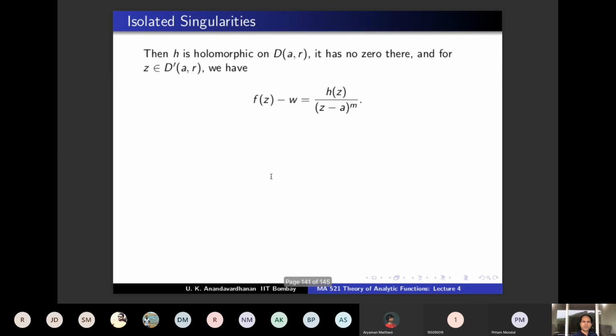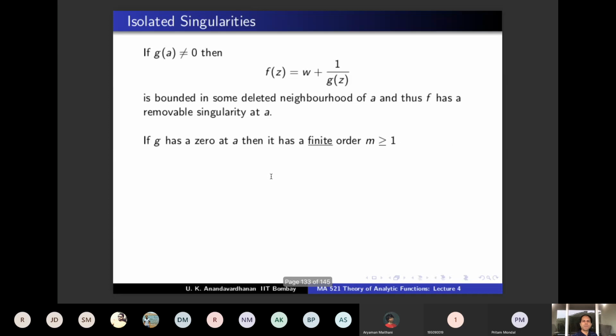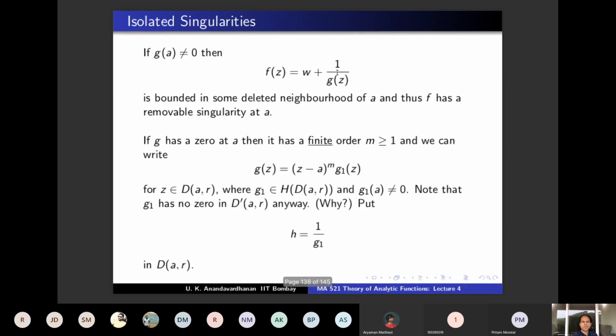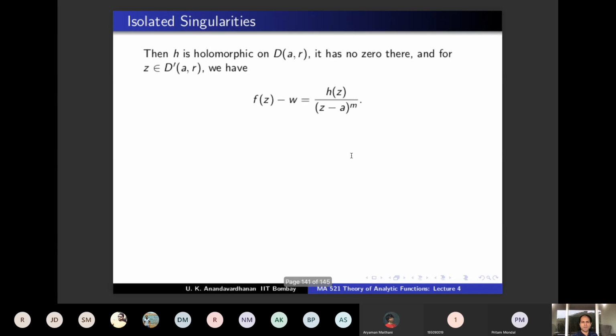F(z) minus W is 1 by G, and 1 by G is 1 by this, and 1 by G1 is what is called H. So that is just mechanical manipulation. It is H(z) by (Z minus A) power n.